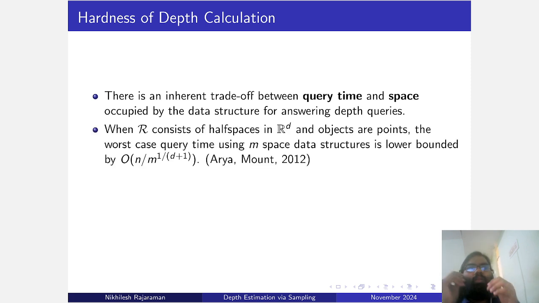So for example, when the query ranges are half spaces in D dimensions instead of rectangles, and we're trying to answer range counting queries, the trade-off happens to be much worse.